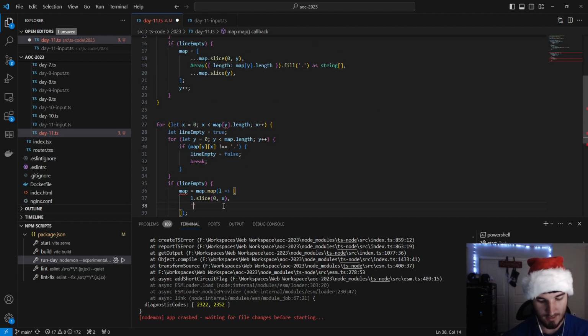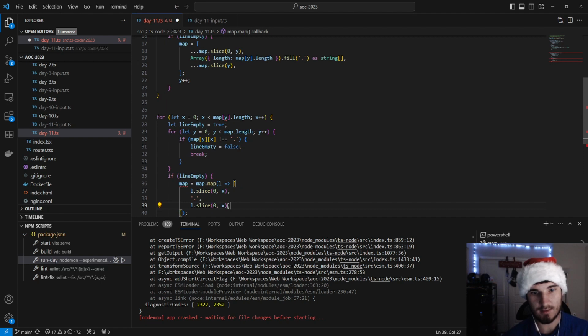Actually, it's just going to be adding a dot and then slice, because that's a line. Right, this.